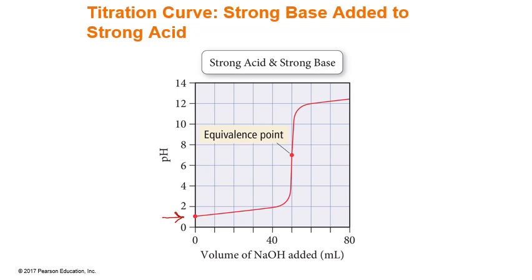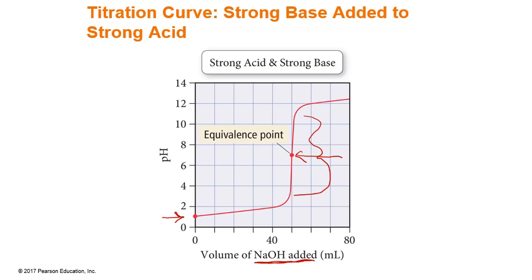As we add base, so we're adding sodium hydroxide, which is a strong base, our pH is gradually increasing until we get to where the curve is the sharpest. There's a sharp change in pH. Halfway up that steep portion is where the equivalence point is found.